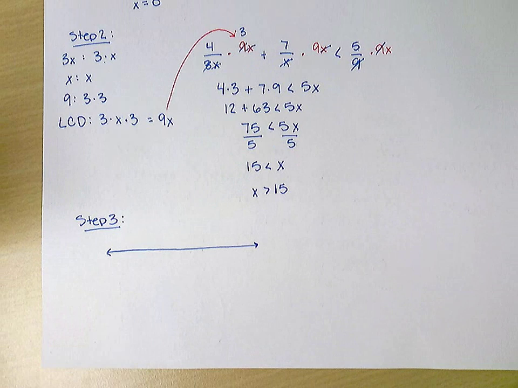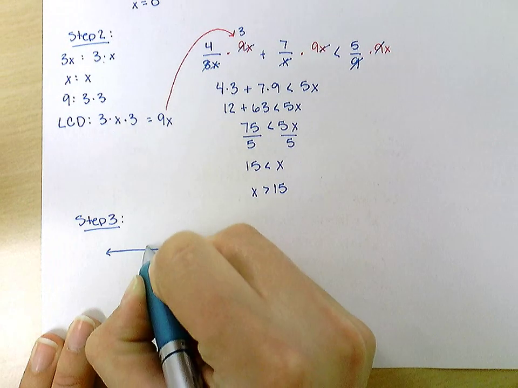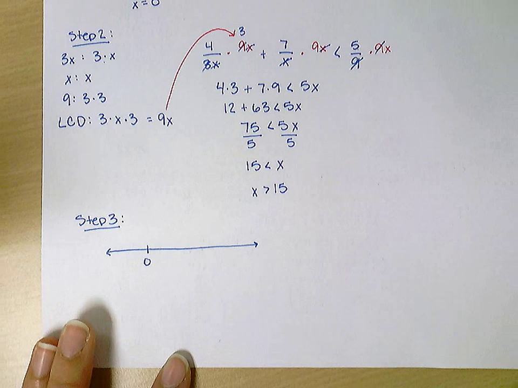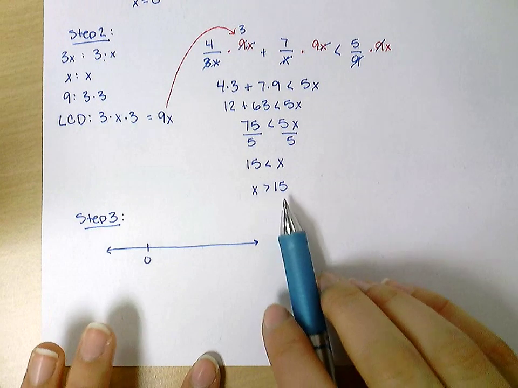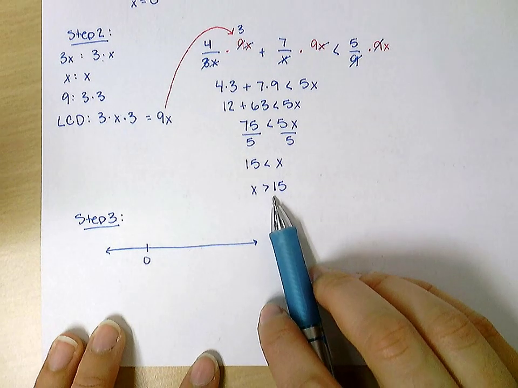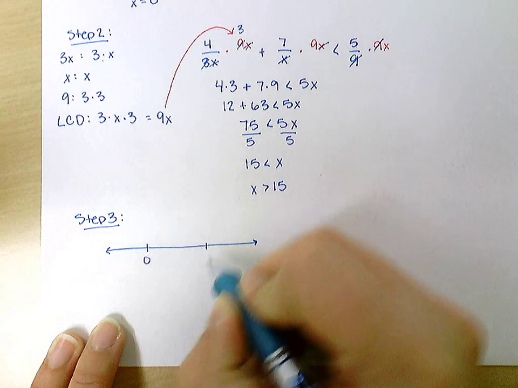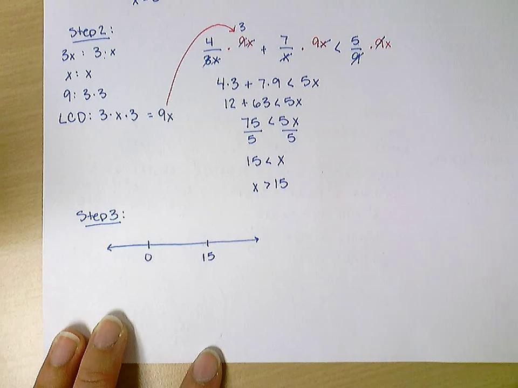Now, your intervals have to do with step 1 and step 2. So in step 1, we said x cannot equal 0. So that has to go on your number line, because that's what x could not equal. Okay, my other number that I found in step 2 was 15. So that one has to go on your number line as well.